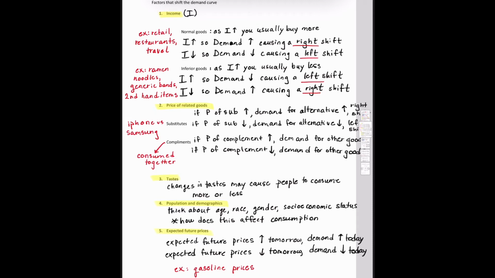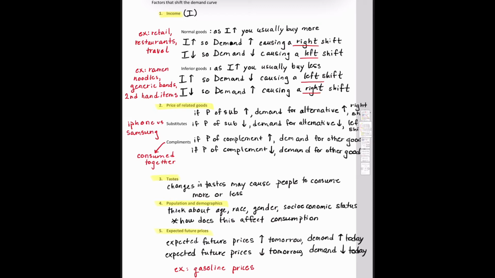So, if more and more young people are preferring to stay in, not go to the movies, stream something on Netflix, Hulu, HBO, Disney Plus, they're shifting their preferences away from going out to the movies towards staying in.